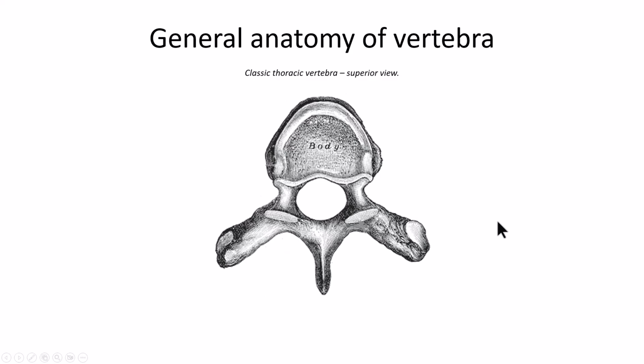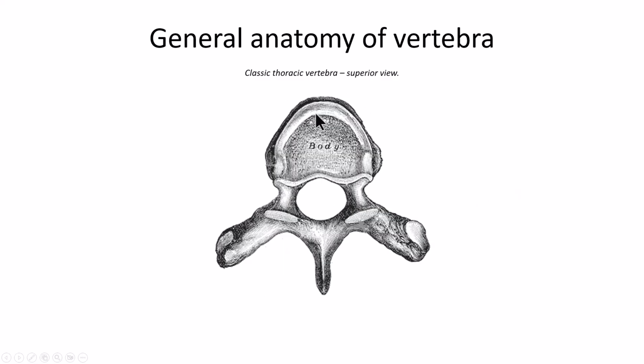Before we proceed to a detailed discussion of each segment of the vertebral column, we will first identify certain basic structures that are present in the vast majority of vertebrae, although they may vary in size or shape. On this slide, we see a superior view of a typical vertebra, in this case a thoracic one.